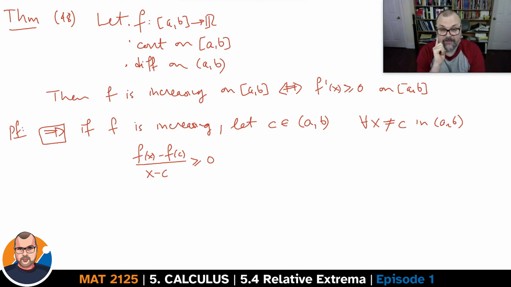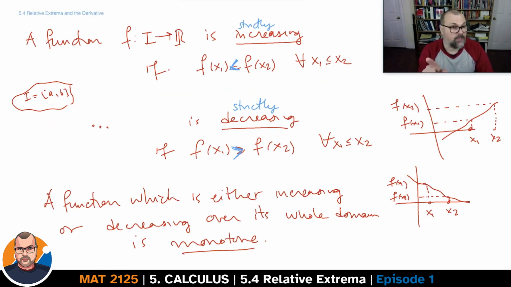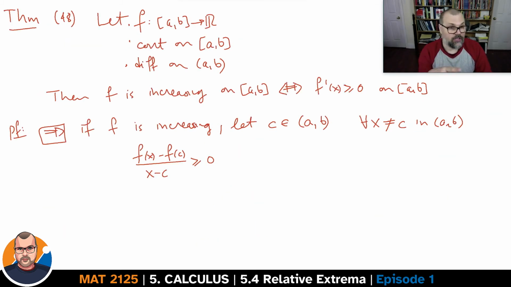Make sure you understand what this means. The function is increasing: f at x1 is smaller than or equal to f at x2 when x1 is smaller than x2. So here we've picked our value c somewhere in (a,b).